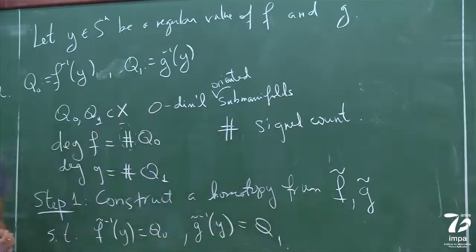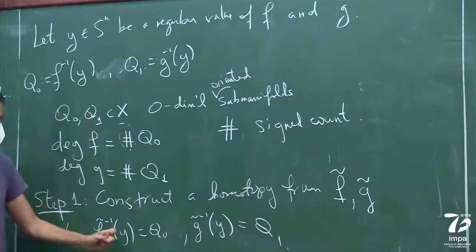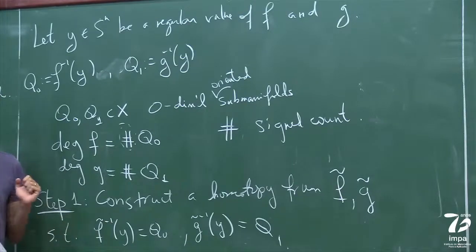So basically I'm going to replace f and g by two other functions that have the same zero-dimensional submanifolds, that have the same preimage of y. And that by construction they'll be homotopic. And then the second step, so there are only two steps.